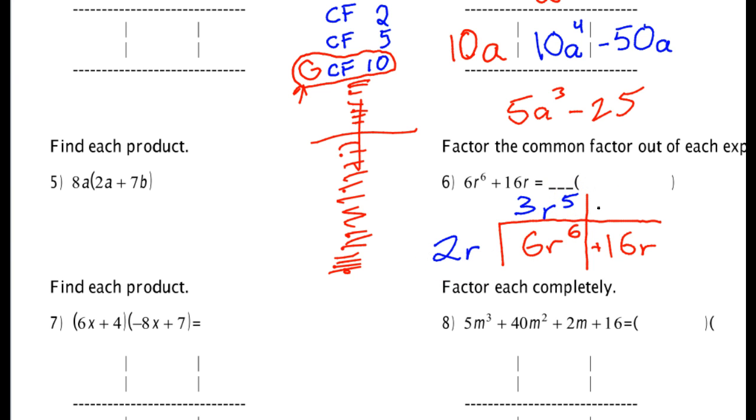2 times what is 16? Do we need a variable? No. We already have an r. All right, so write it up here. 2r, and then 3r to the 5th.